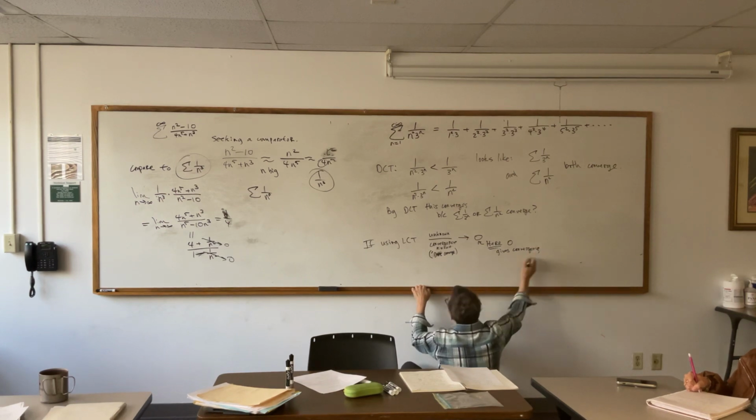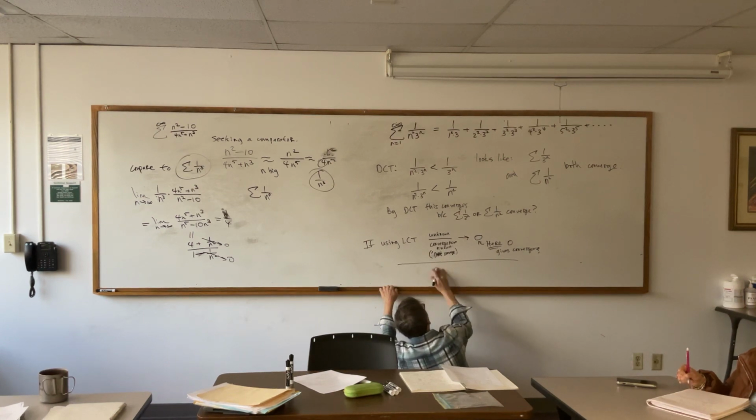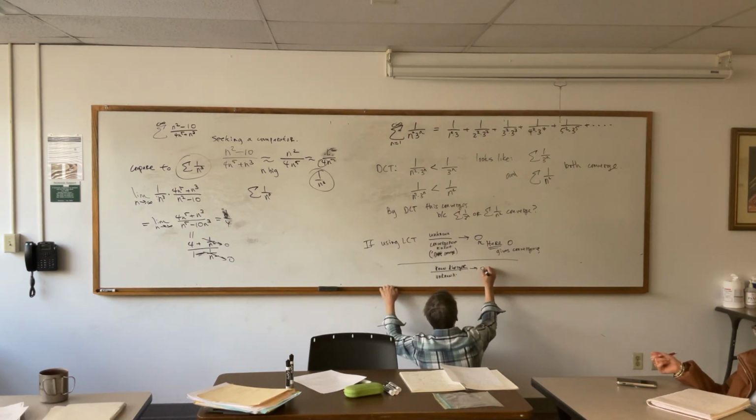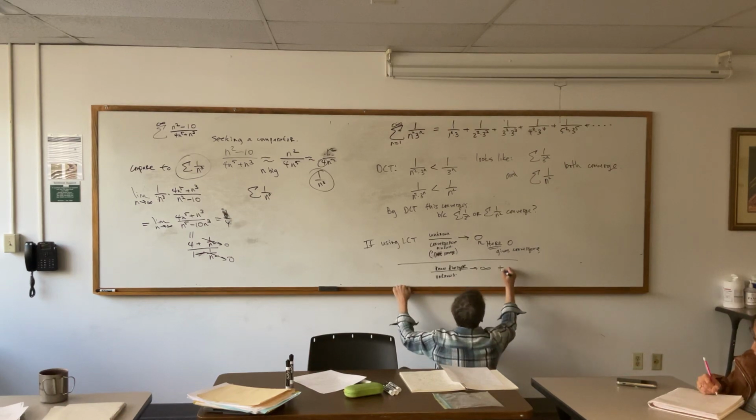And then the flip side of this is if I have a known diverger on top, over the unknown, the thing that I'm testing, and that goes to infinity, then the unknown goes to infinity.